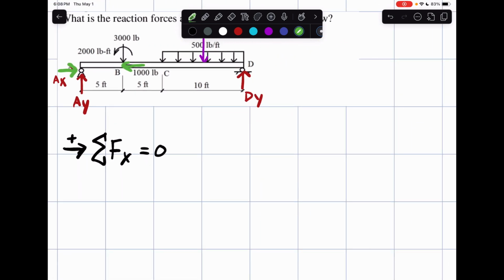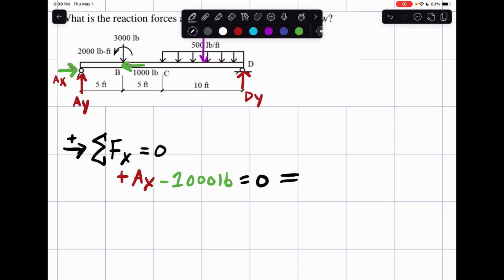So basically, let's color code this. AX is going in the positive direction, so it's positive, and then minus that 1,000 pounds, which is going to the left, so that's negative, is equal to 0.